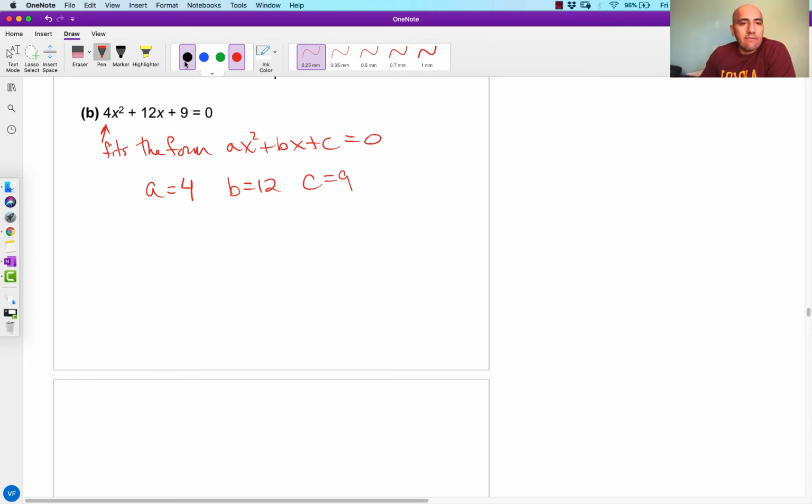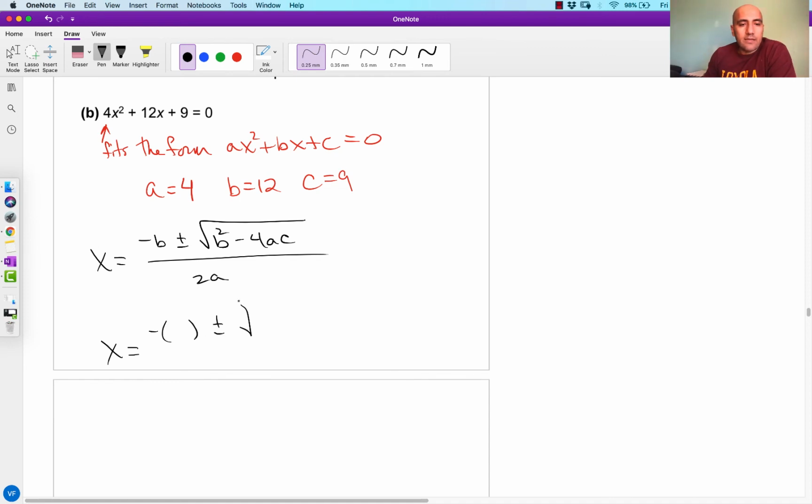So given that I have those values, then I know that the solution is going to be x equals negative b plus or minus the square root of b squared minus 4ac all over 2a. So x equals negative something plus or minus the square root of something squared minus 4 times something, all over 2 times something.